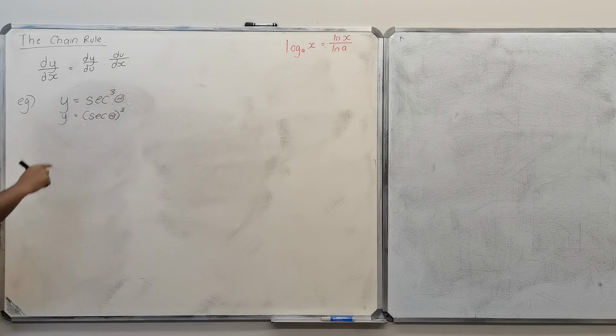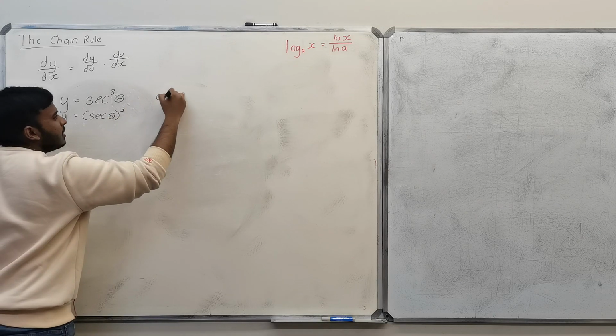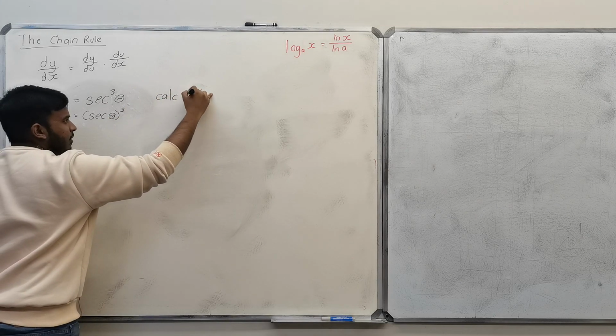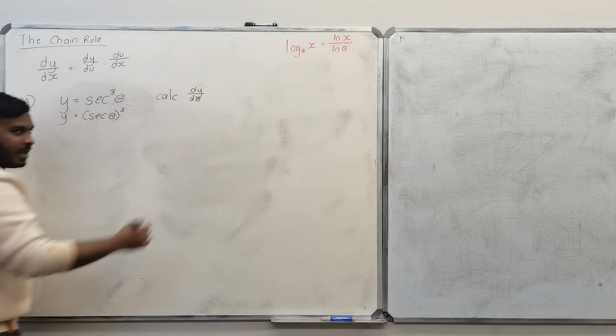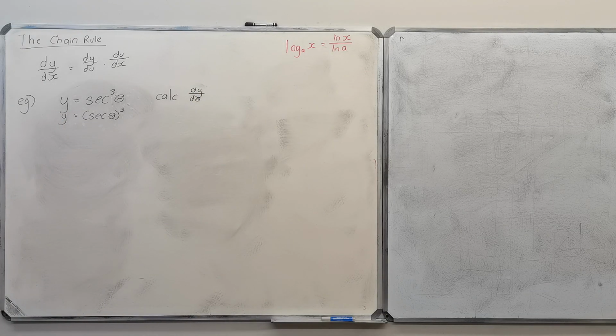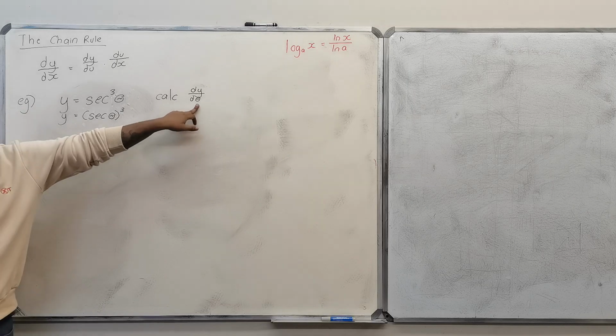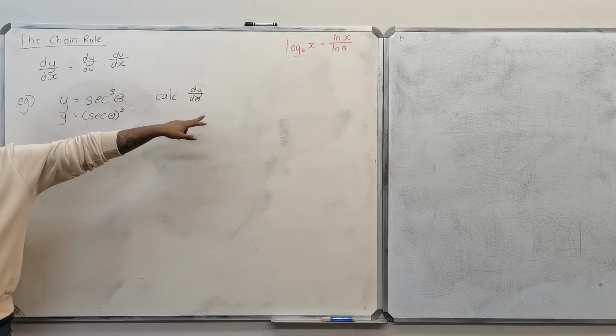In this instance, you're going to let u equal your function that has the independent variable. They want you to calculate the derivative of y with respect to theta. Normally they ask us for the derivative of y with respect to x. So I'm going to change my earlier statement: you let u equal the term that they want the derivative with respect to.